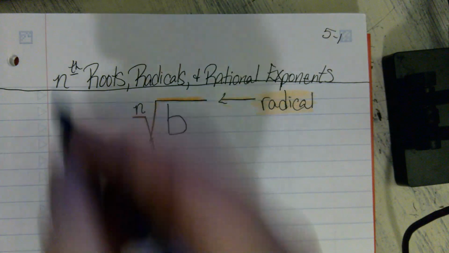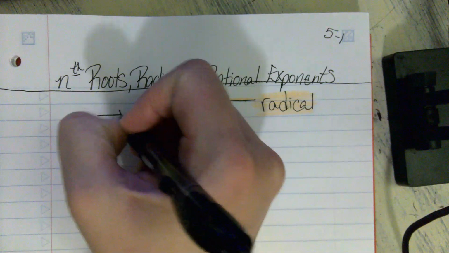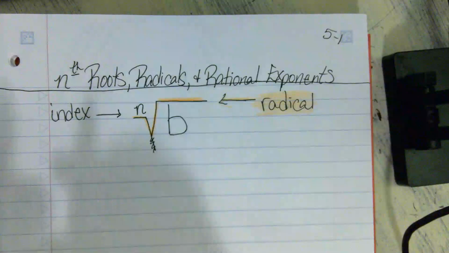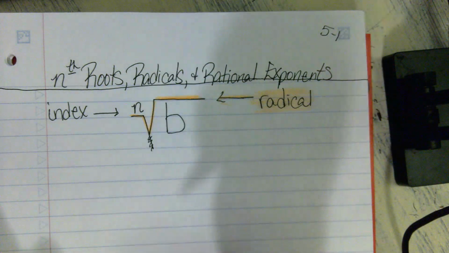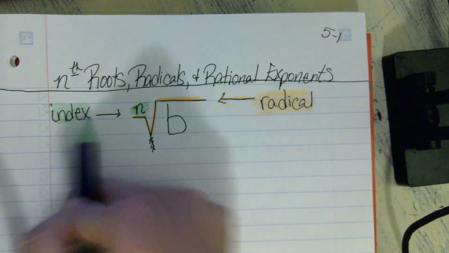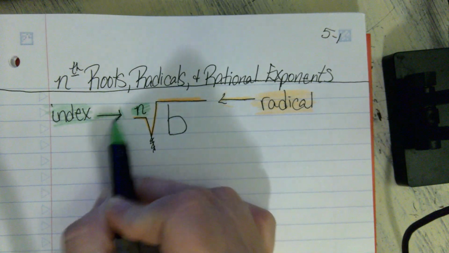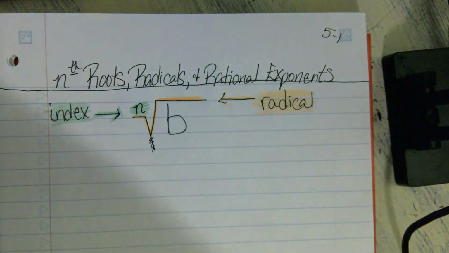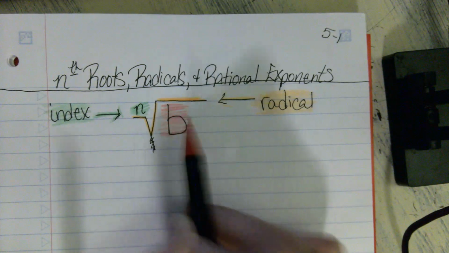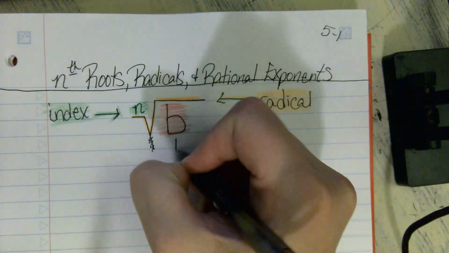The little number sitting on the ledge, or when you don't see one, it's an invisible 2, is called the index. And that tells you how many numbers or variables we want grouped. The number underneath the radical symbol is called the radicand.